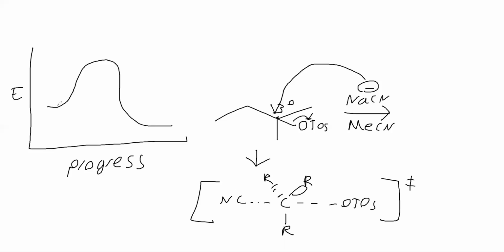We're going to have the same energy of the reactants because nothing else changed, but because it's a tertiary position, we're going to have an increased transition state energy. This is just a rough sketch. It probably looks better than this, but you can see that this is the original transition state, and this is the new one.